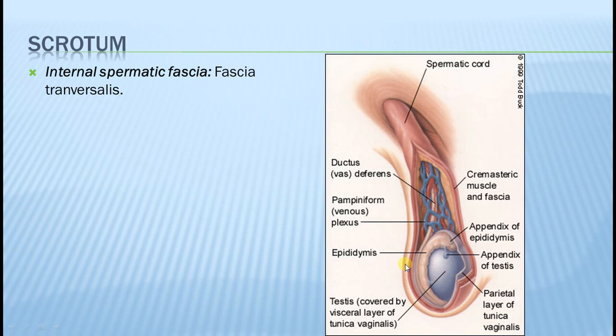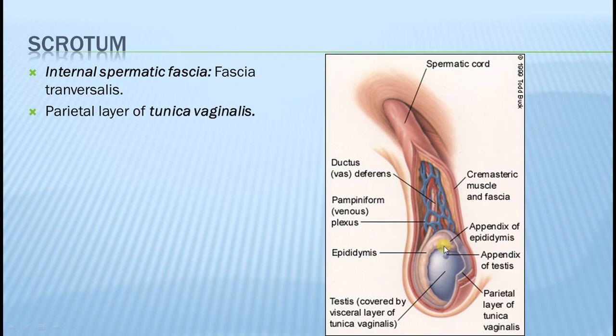Then deep to that you have the parietal layer of tunica vaginalis. The tunica vaginalis is actually developed from the processus vaginalis, which is the fold of peritoneum. That processus vaginalis, when it comes, forms a double layered fold. One layer is adherent to the scrotum as the parietal layer.